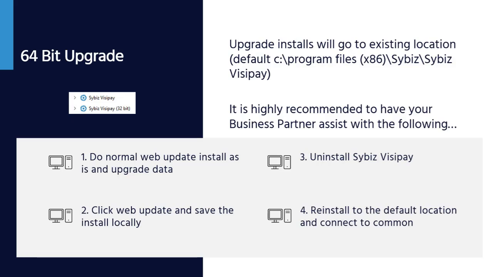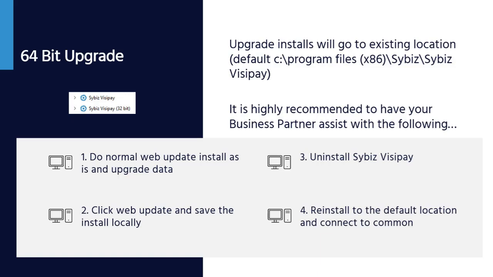And certainly for a fresh install of Sybiz VisiPay, it will go to the C program files rather than the x86 version. If you were unsure whether you had the 64-bit version or not, press Control-Alt-Delete and have a look at your task manager. If it is a 32-bit application, you'll see 32-bit in brackets. Otherwise, you won't see anything, which means that it's a 64-bit application.